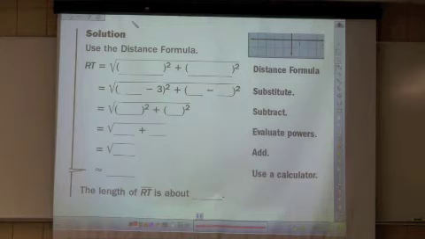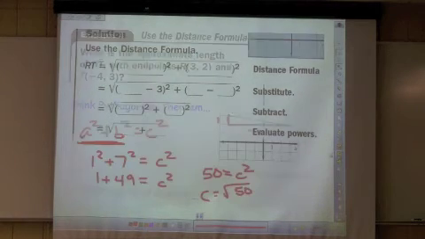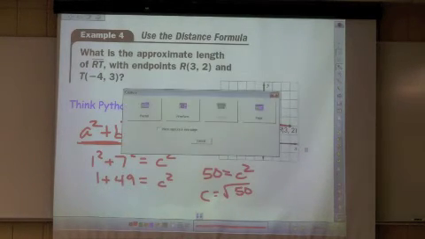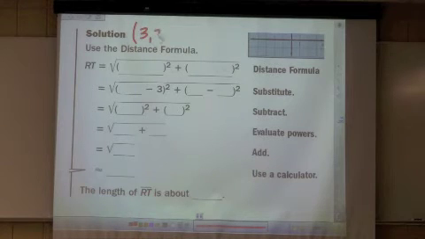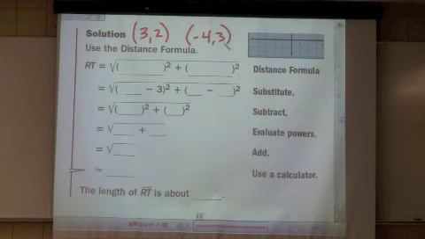So if we use the distance formula in a fancy way on this one, what are our points here? You guys can tell me them. What are the points? 3, 2, and -4, 3. Somebody tell me what I could substitute into this distance formula to find the distance between those 2 points. Hopefully we get the same thing.